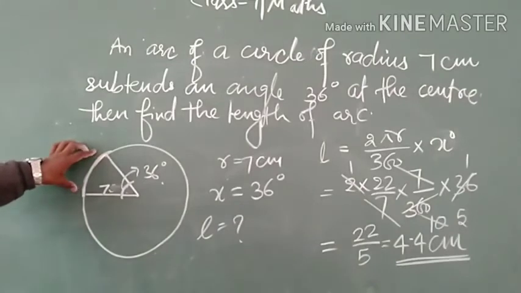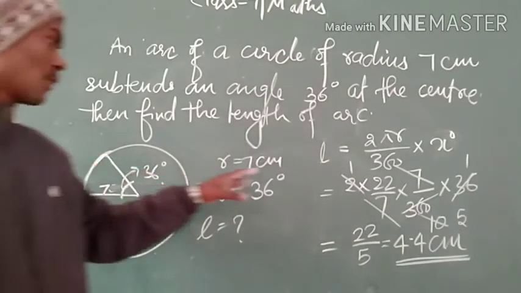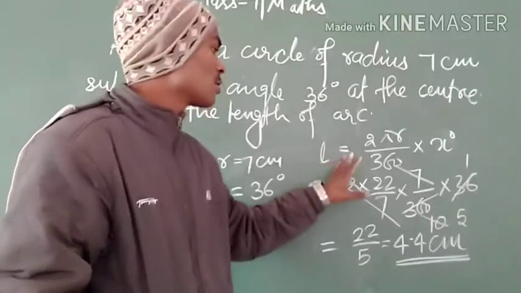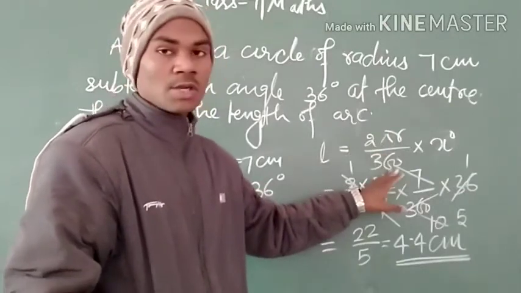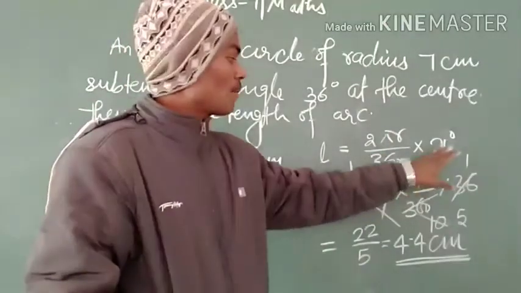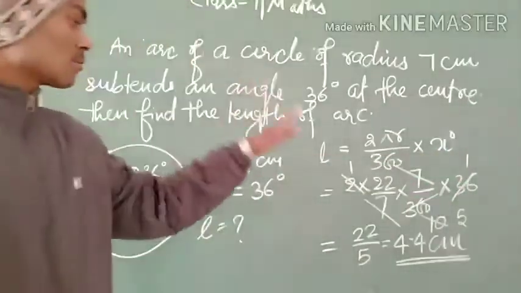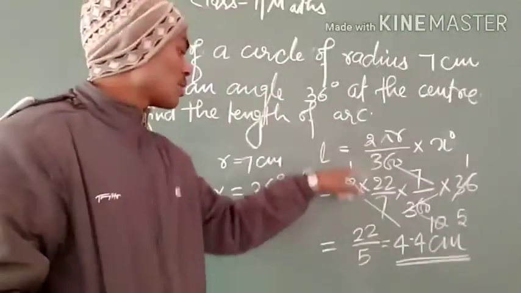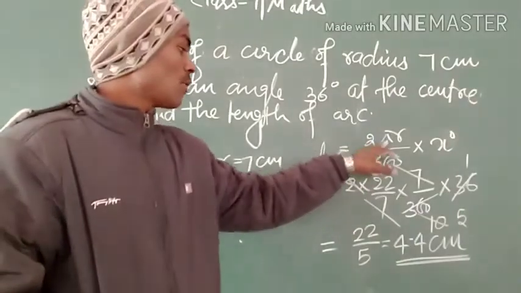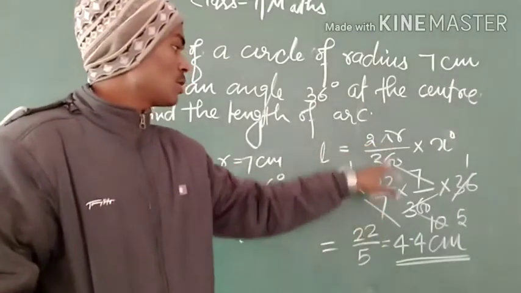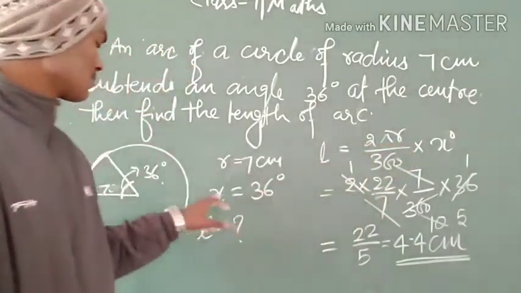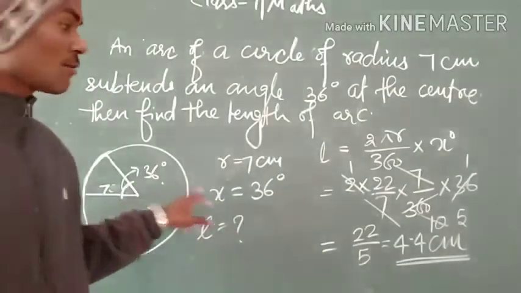In order to get the length of this arc, we know the formula. Length of arc is equal to 2 pi r upon 360 multiplied by the subtended central angle. Now just put the values. 2 will remain as it is. The value of pi is 22 upon 7. The value of r has been given, that is 7 centimeters.